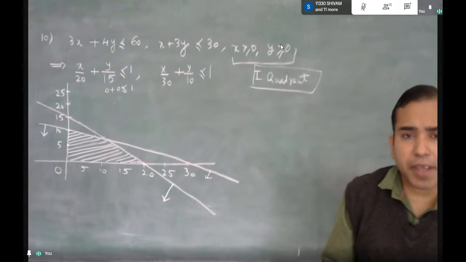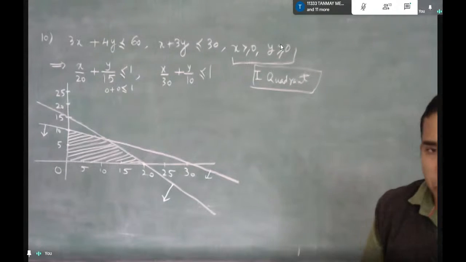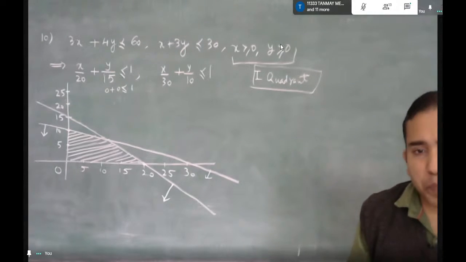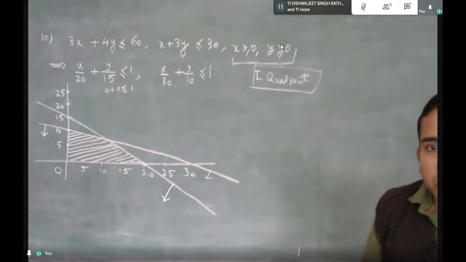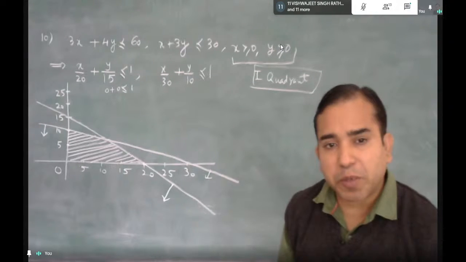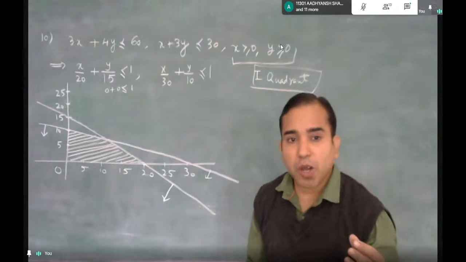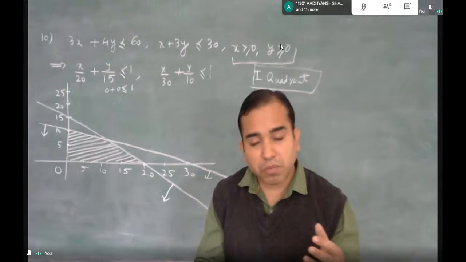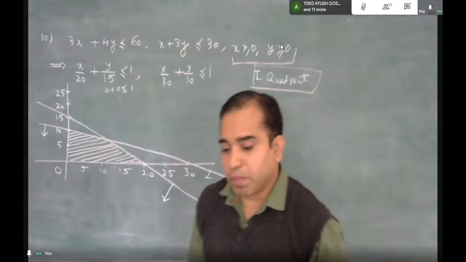Again and again I request that this figure should be perfectly drawn in your notebooks. Use pencil and scale. Pencil के बजाय पेन यूज कर लिया तो acceptable है, लेकिन scale का substitute नहीं है. If you don't use a scale, your figure will not look nice, right? So it should be perfect.